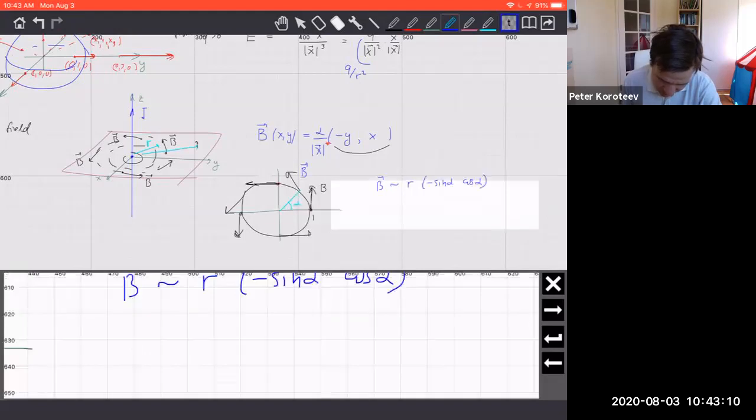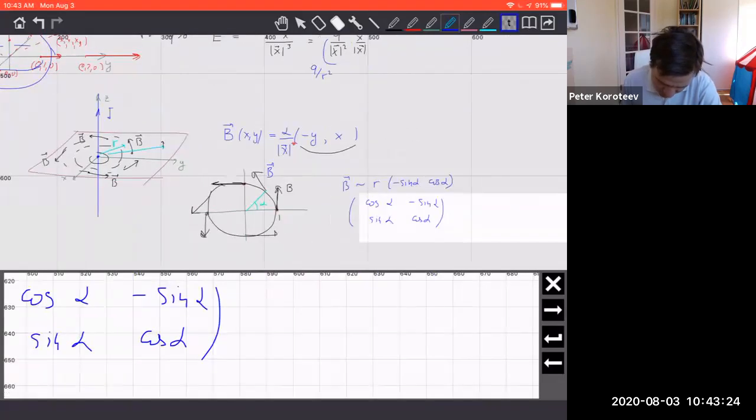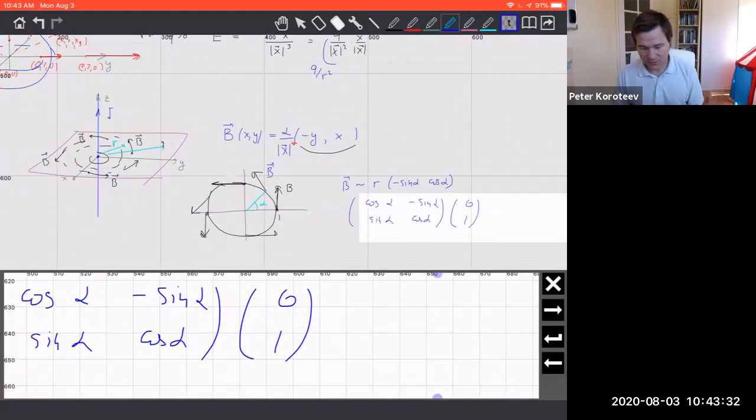And that's exactly what you get if you apply the rotation matrix to the vector 0, 1. It shows you how the vector rotates. Anyhow, so that's right.